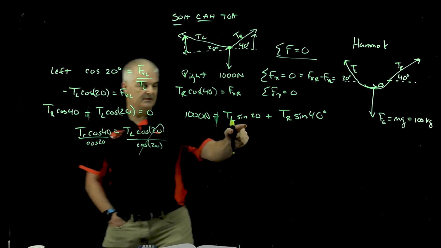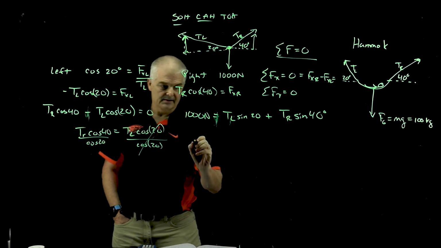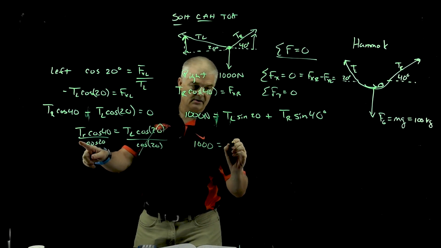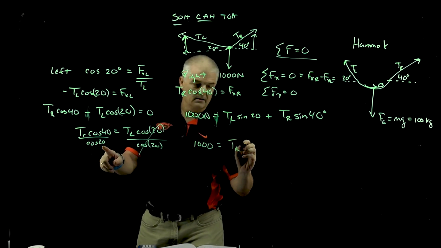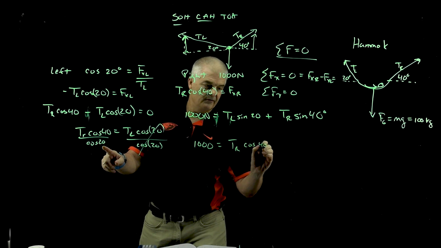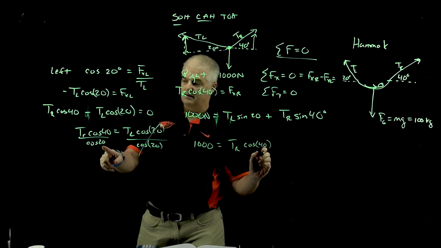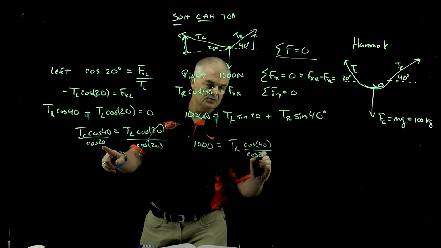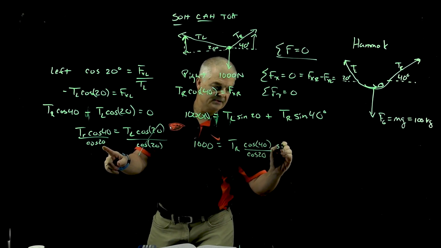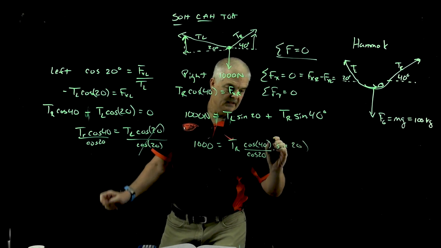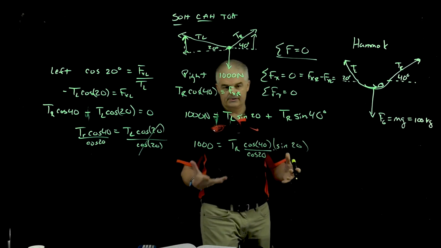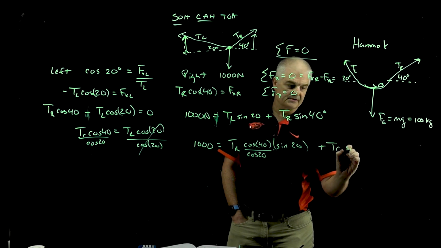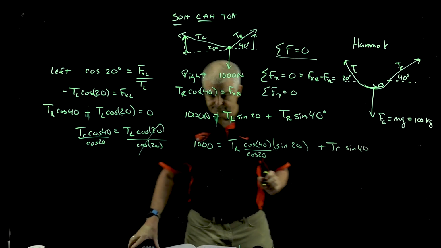So I'm going to plug this in here, so 1,000 equals TR cos 40 over cos 20 times sine 20, plus TR sine 40.